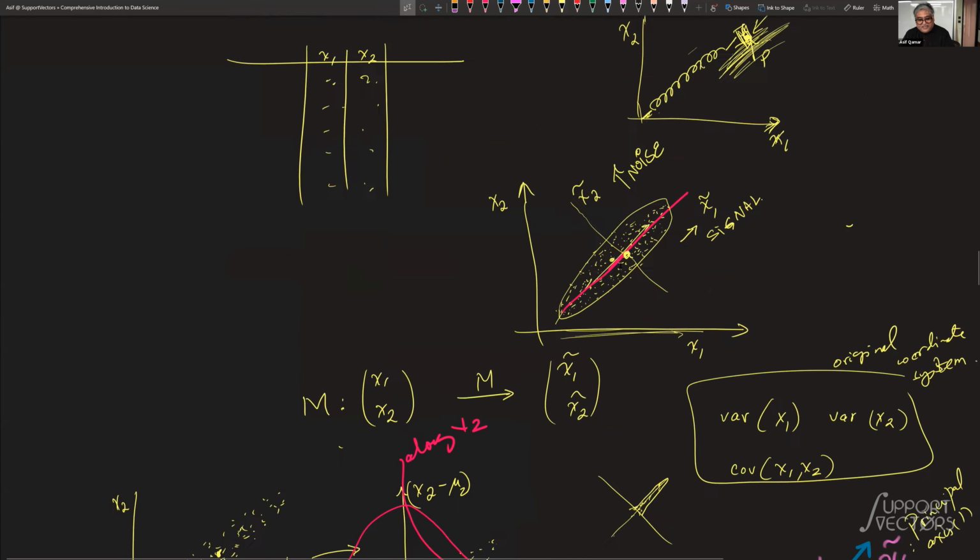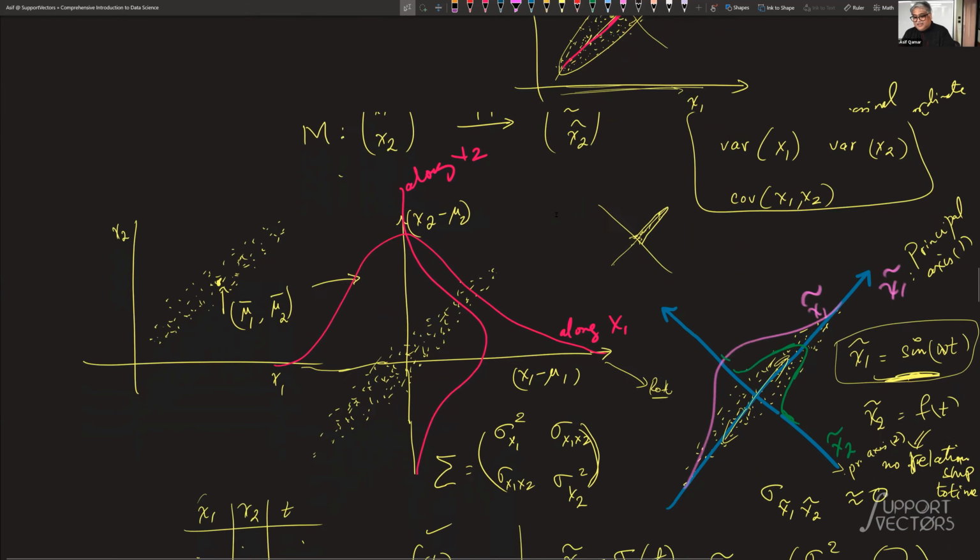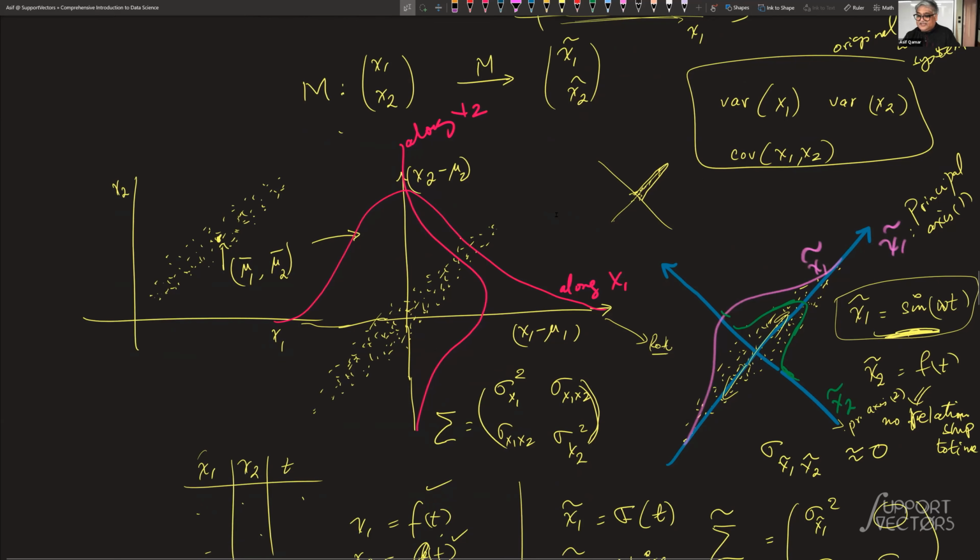If you take this intuition, you realize that if we could create a rotated system, x1 tilde and x2 tilde, then one direction represents signal and another direction represents noise.